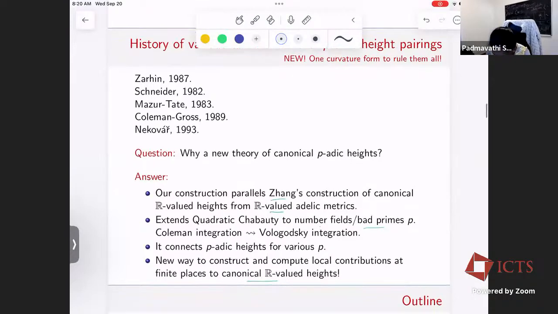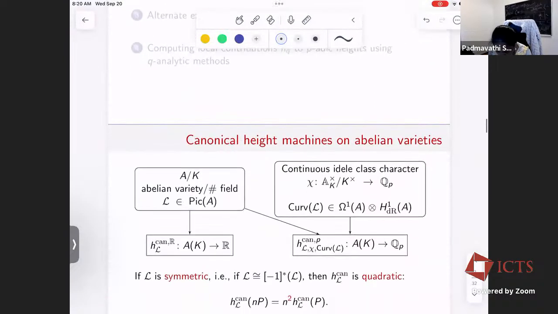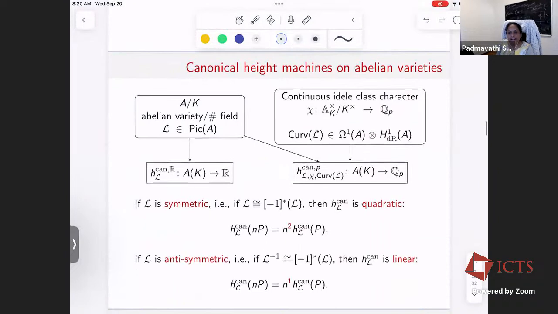Right. Okay. So let me first say what I mean by canonical height. The classical Néron-Tate height is defined for abelian varieties defined over number fields together with the data of an additional line bundle. So you get a real valued function on the set of K-valued points on the abelian variety.